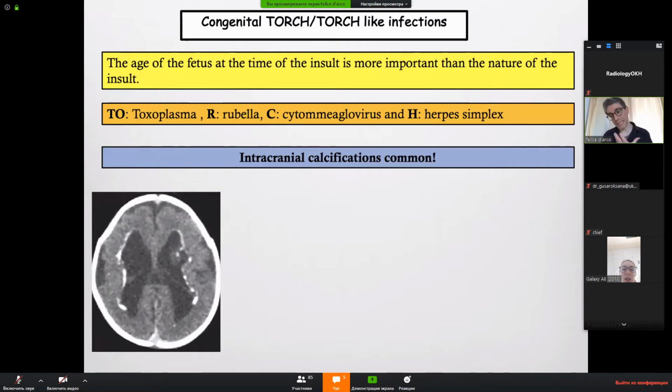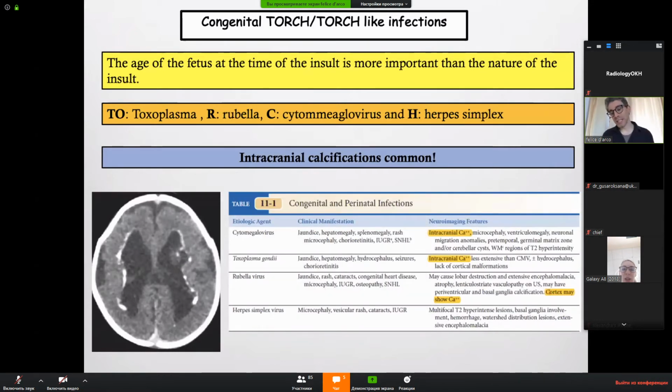But of course, I'm giving you the more frequent patterns that you can recognize. This is not gospel, but this is very interesting. This is from the Barkovich-Raybaud book, and all of them, apart from herpes simplex, have intracranial calcification, with slight differences that I will show you.